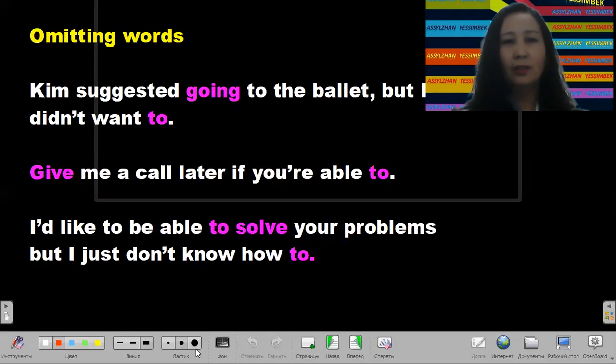And the last way is omitting words. Usually after verbs or adjectives followed by the infinitive with to, we usually just use to. For example, Kim suggested going to the ballet, but I didn't want to. Means I didn't want to go to the ballet. Give me a call later if you are able to.